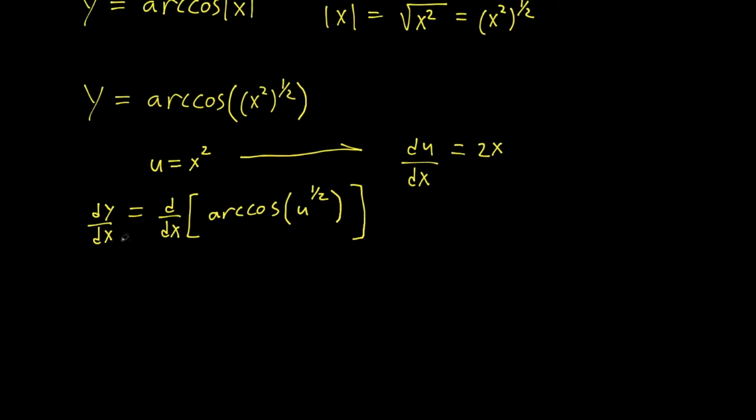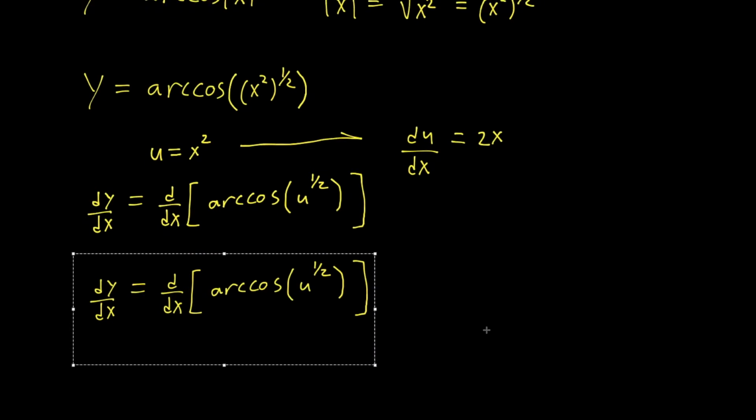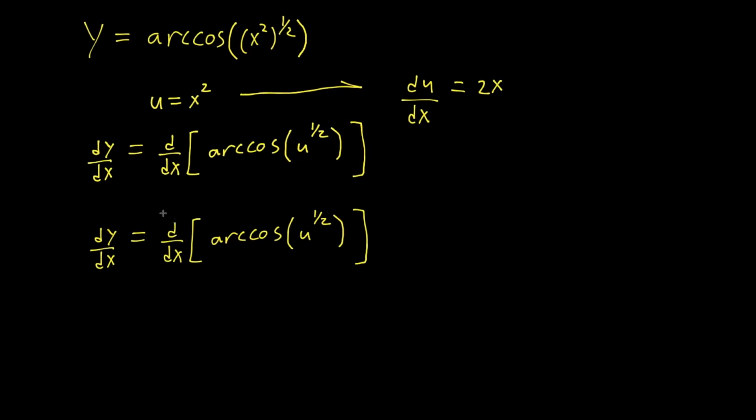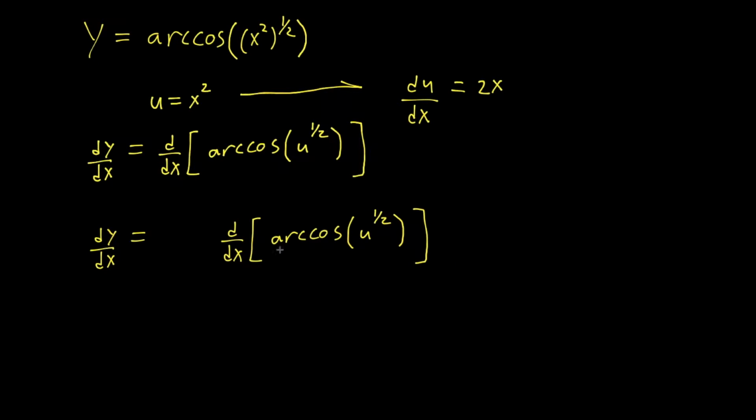So let's rewrite this whole thing. We can rewrite this as du dx times d du of this whole thing.